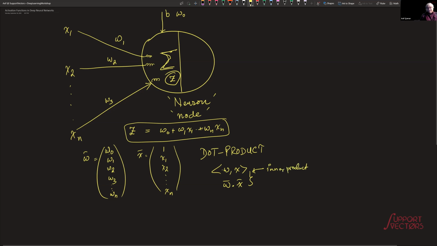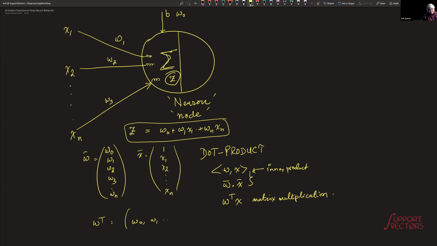And an equivalent way in matrix notation is to think of it as a W cross X matrix multiplication. So what does transpose mean? Instead of a column vector, W transpose would be W0, W1, Wn, like this.